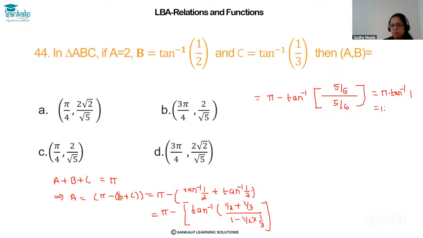So pi minus tan inverse 1 is, what is tan inverse 1? For what angle? Tan of an angle is 1. It is pi by 4. Pi minus pi by 4 is 3 pi by 4. Correct? So, what you got? You got A is equal to 3 pi by 4.